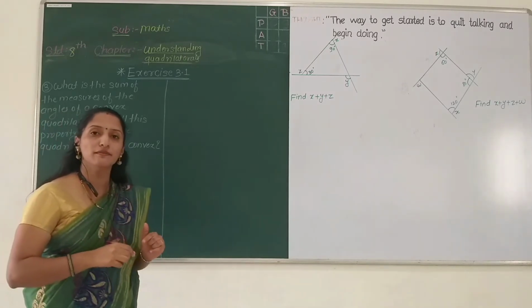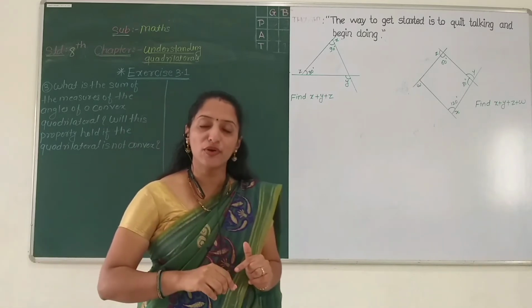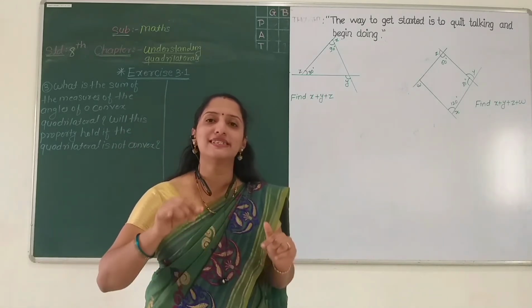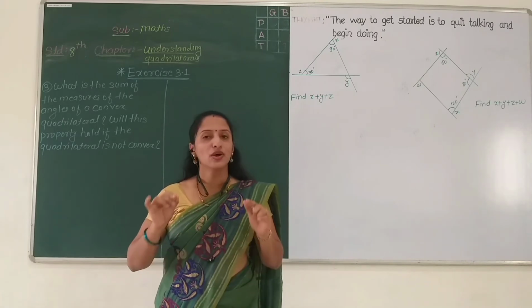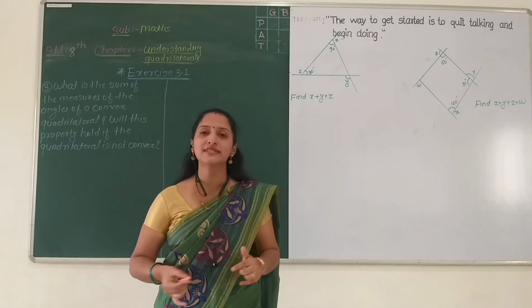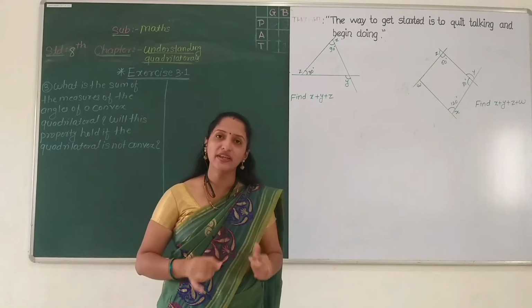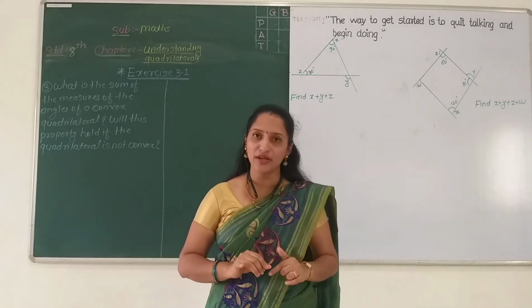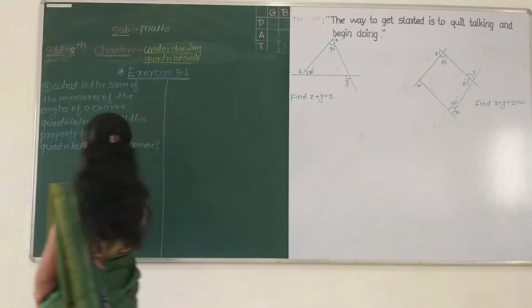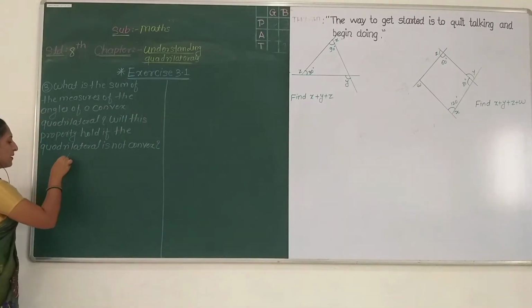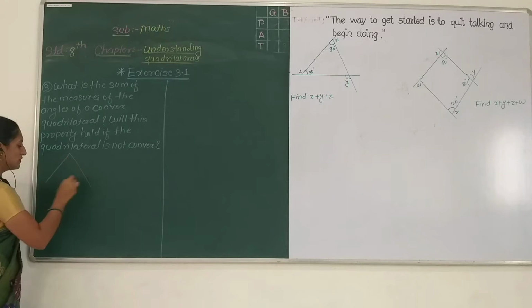A convex polygon means the polygon having all its diagonals in its interior part. Remember this thing. Okay, so here I draw one convex polygon.